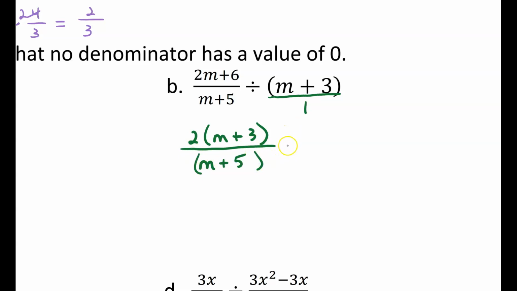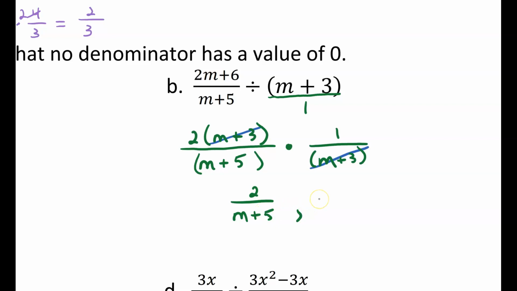Keep, change, division to multiplication, flip. So my numerator will now be 1, and my denominator will now be m plus 3. And now these will divide out, and we are left over with 2 over m plus 5.